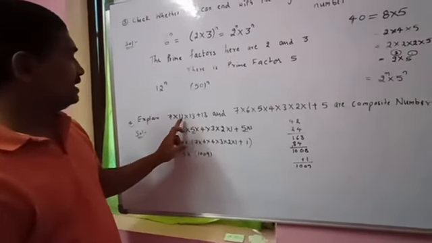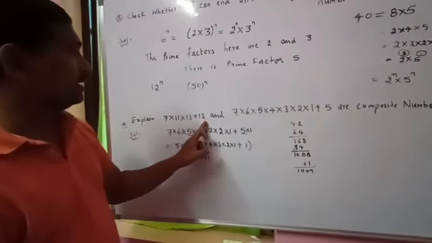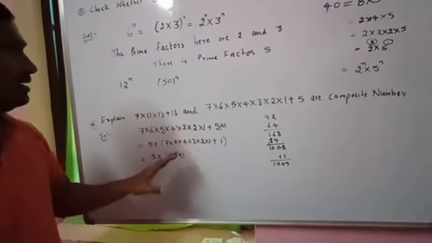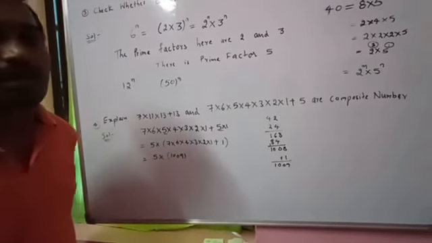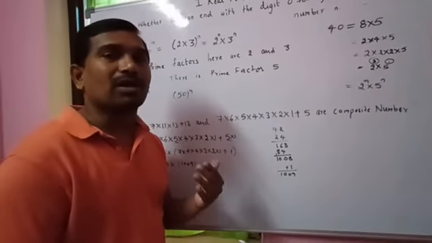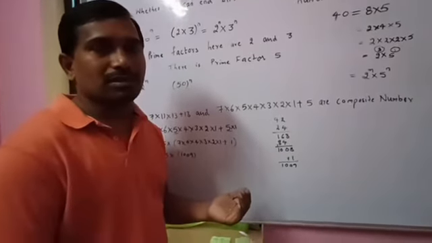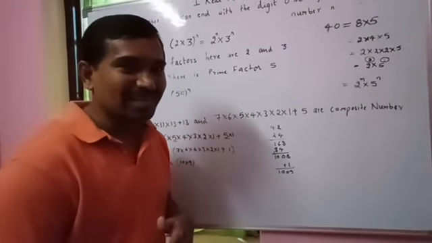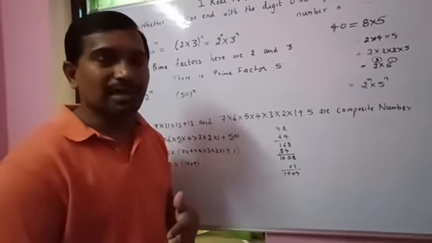Explain why 7 into 11 into 13 plus 13 and this are composite numbers. Check, these are composite numbers. What is a composite number? If a number can be written as a product of two numbers other than one and itself, it is called a composite number.